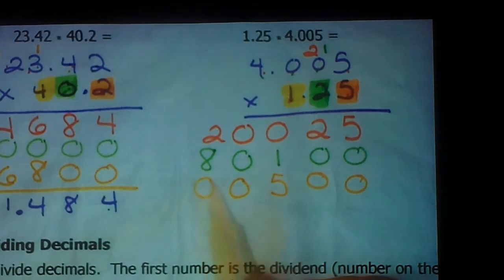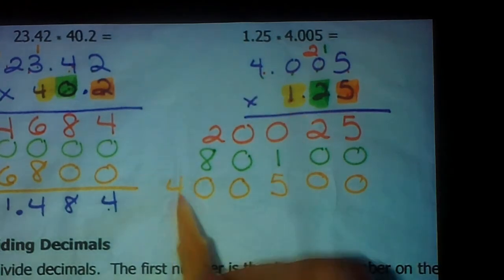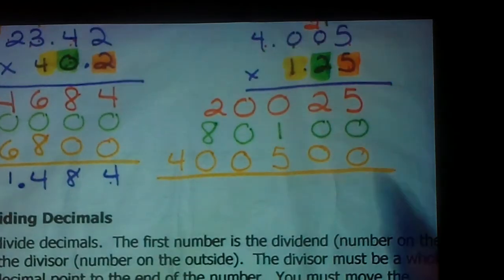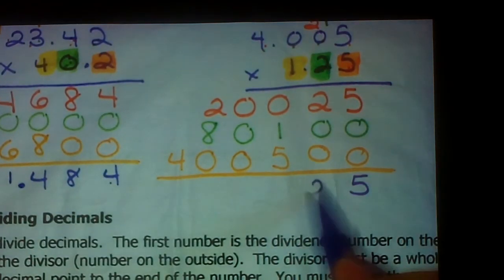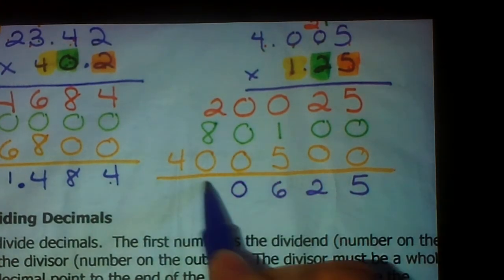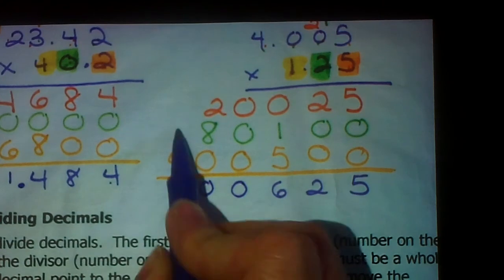Another 1 times 0. And 1 times 4. All right, add them all up. 5, 2, 6, 0, 10, 4 plus 1 is 5.